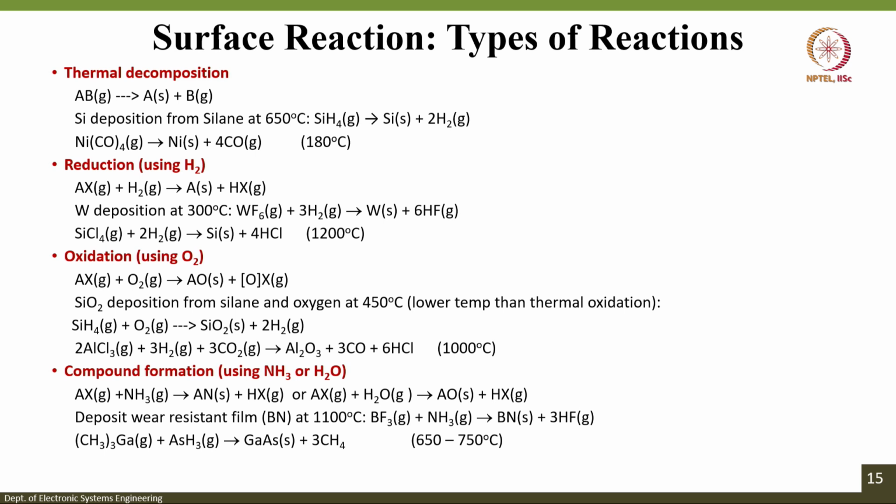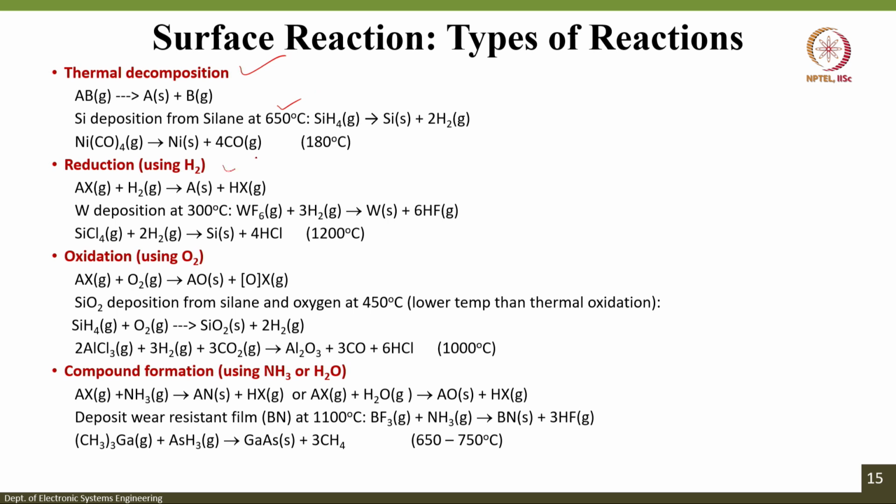So, these are the different types of surface reactions that can happen in a CVD chamber. Either it can be a decomposition reaction where a molecule decomposes into its constituents at a particular temperature. An example is the decomposition of silane at a high temperature of around 650 degrees Celsius to form silicon.